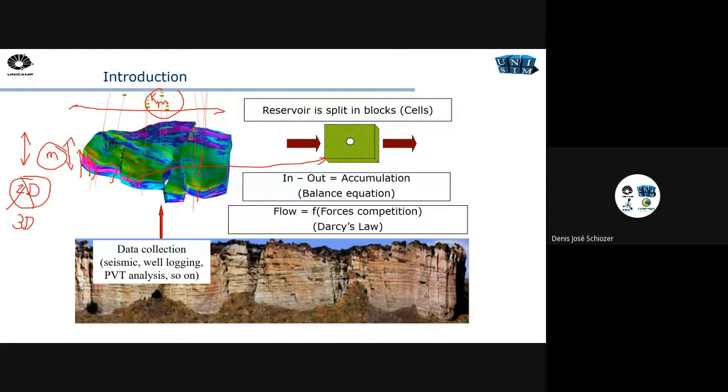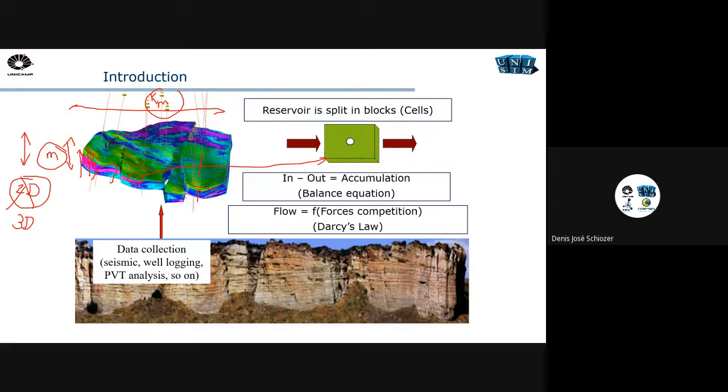But as we have to solve for water and for each component of the gas, for example, if it's a black oil model with 3 components, in each block we're going to have 3 equations to solve and 3 unknowns to find. So we're going to have 3 billion equations if you have 1 billion blocks. So if we're going to 1 million blocks, 3 million equations, and so on.